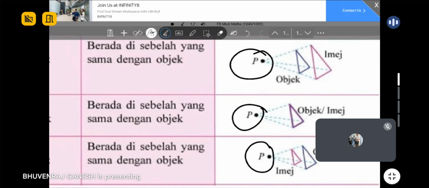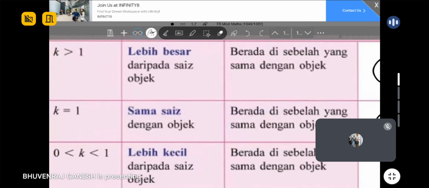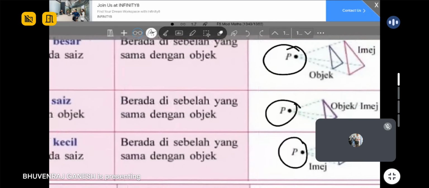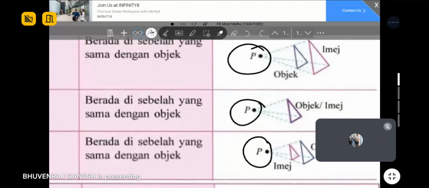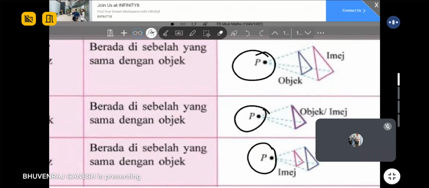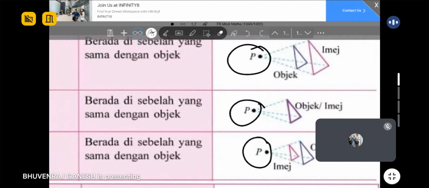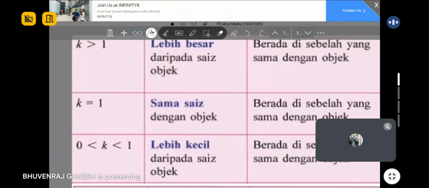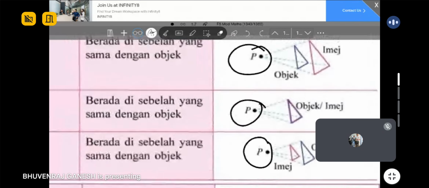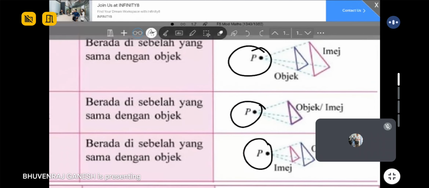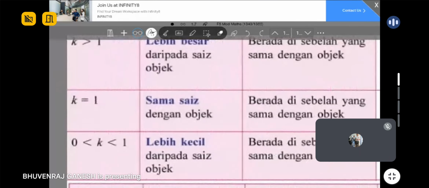Then you will get a positive value, nilai positif. Dia kena kat hujung kiri atau hujung kanan. This is the concept for all these three. This one, image bigger than object, lebih besar, so K is greater than 1. Second, same size, so K equals 1. Third condition, image lebih kecil, smaller than object, so K is less than 1.